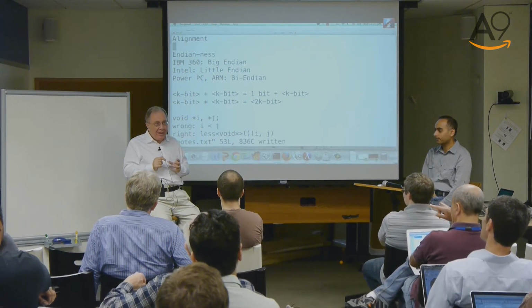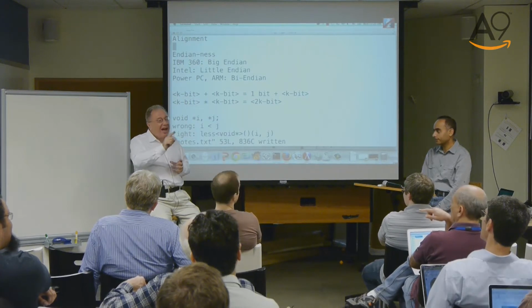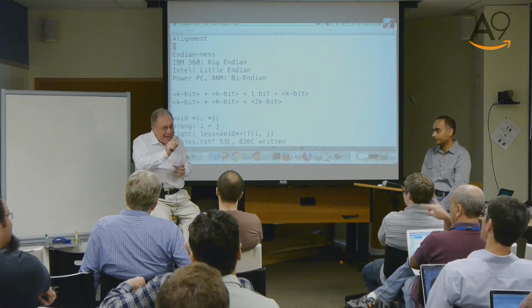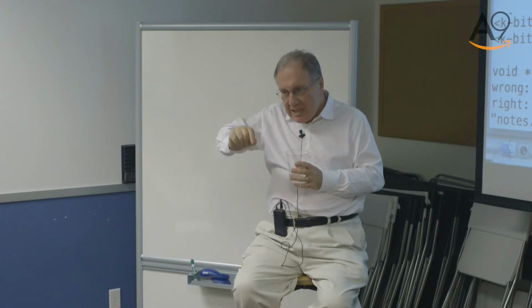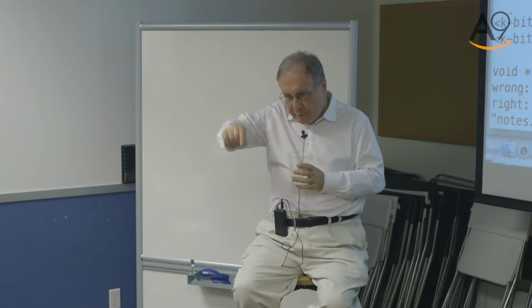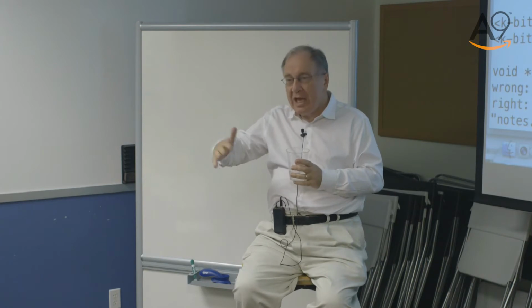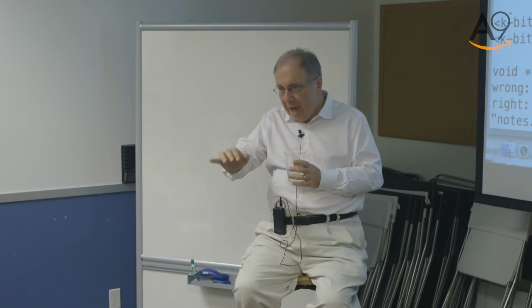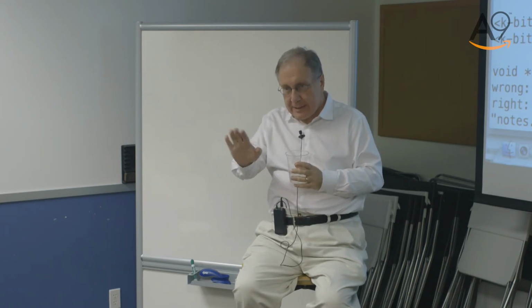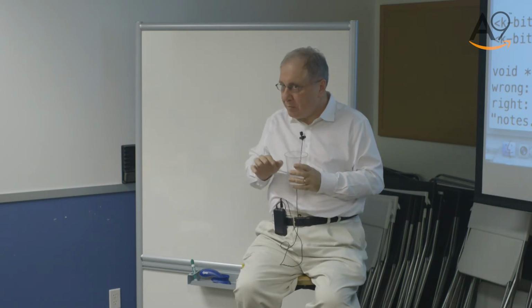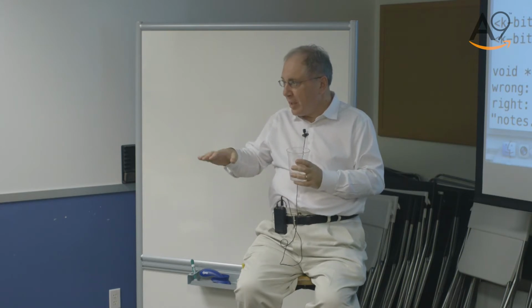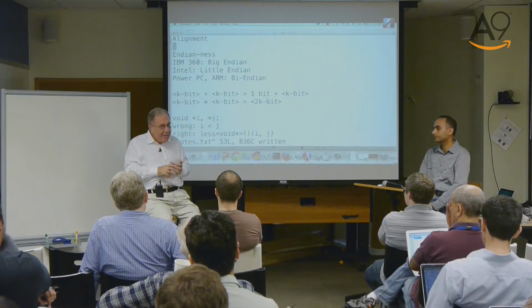It could fetch that set of bytes in one operation if it was aligned. That is a precise thing. Starting from 360, byte addressability allowed you to fetch a byte from any address. That was not true for a word. Word, and what is a word, by the way? Anybody knows what a word is?